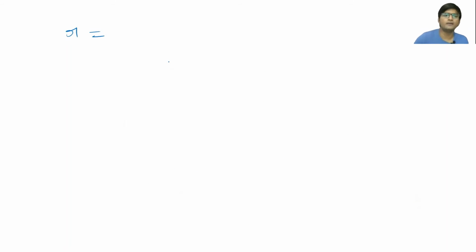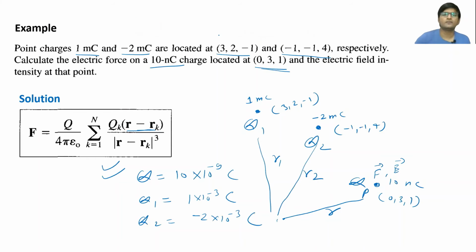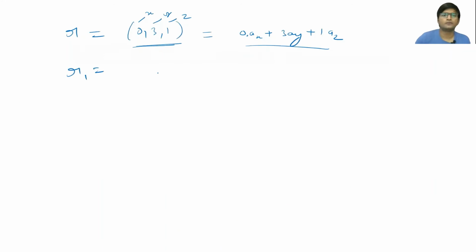Basically this 0 is the x-axis, 3 is the y-axis, and 1 is the z-axis. So you can also write it as 0ax plus 3ay plus 1az. We don't need to complicate it; we can directly use this for our calculation. Now R1 is given as what? 3, 2, -1.